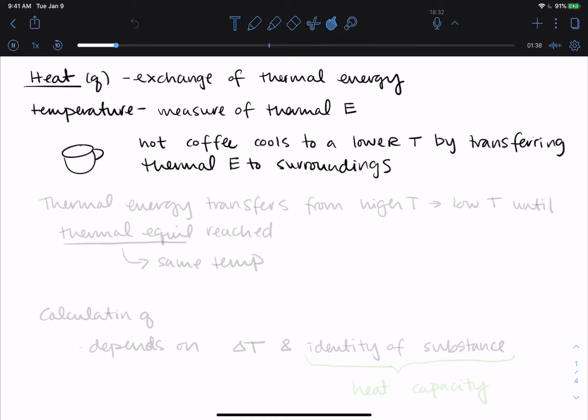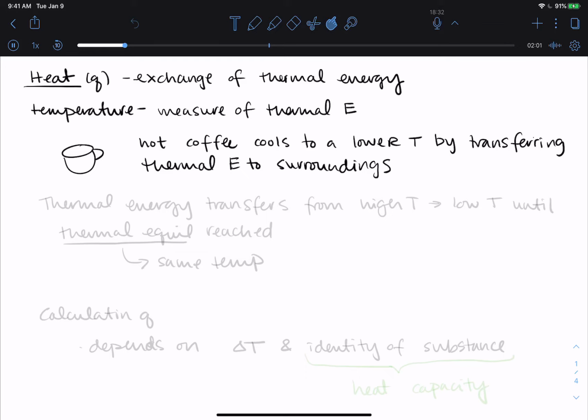At some point, that hot coffee has cooled down to the temperature of the room, and the reason that it ends up being the temperature of the room is just because your room is really massive in comparison to the size of your coffee. The point that it reaches, we call that thermal equilibrium.